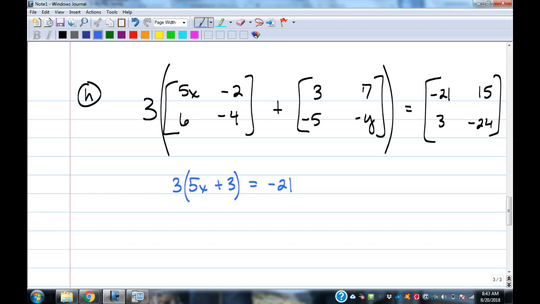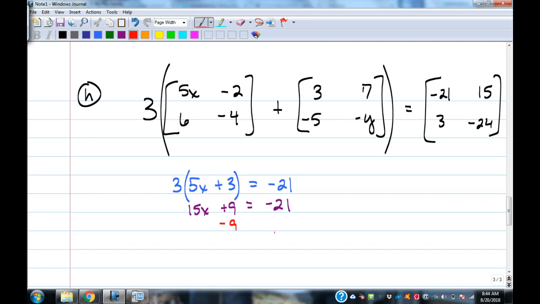It's going to multiply everything on the inside. So does this say multiply everything that goes with the x by 3? Yeah, that's the distributive property. Remember, we were thinking about it as the distributive property. So if we do that, 15x plus 9 is negative 21.